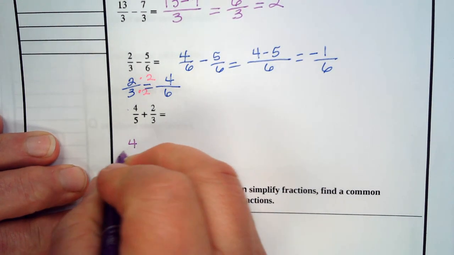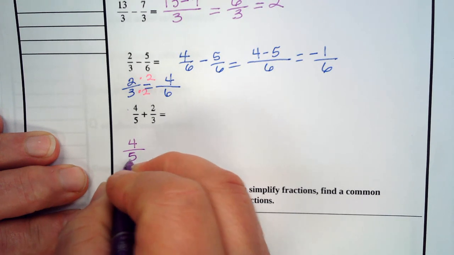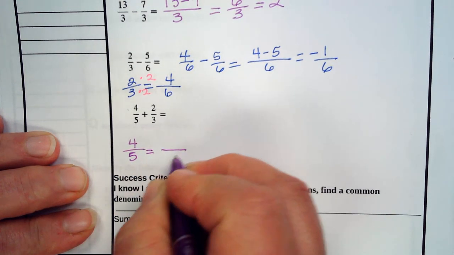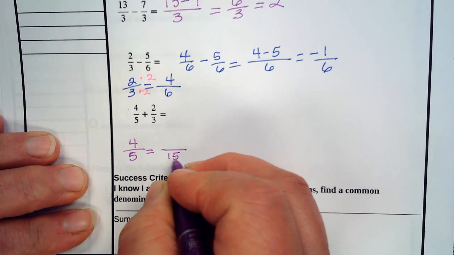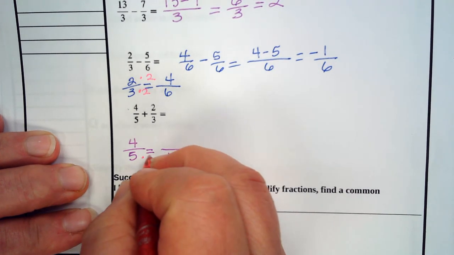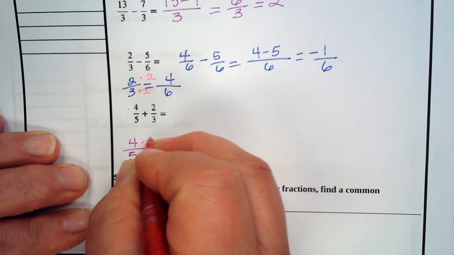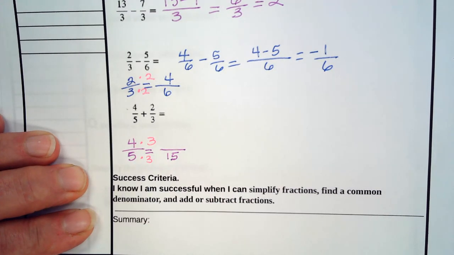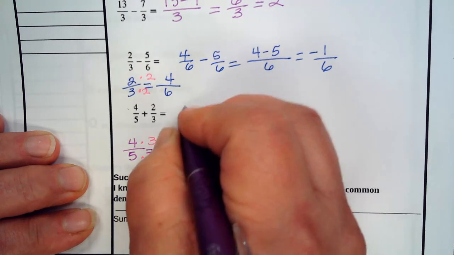So 4 over 5 is equal to something over 15. Now remember, I'm multiplying by 3. Whatever I do to the bottom, I've got to do to the top. 4 times 3 is 12.